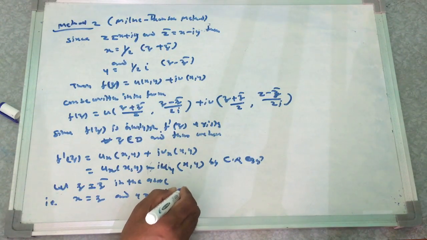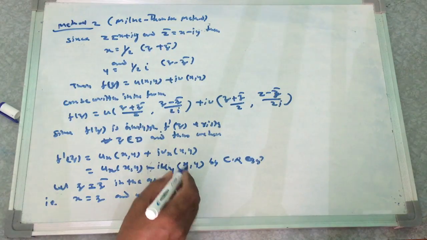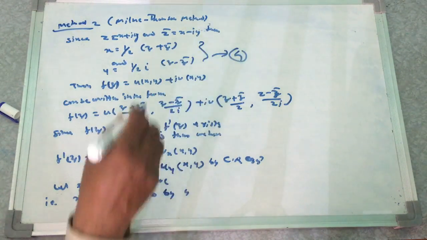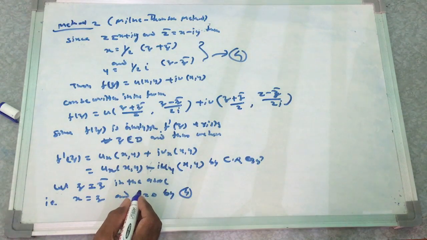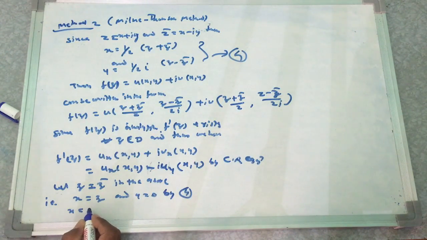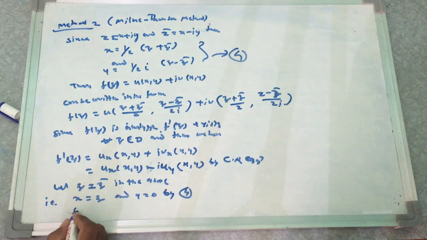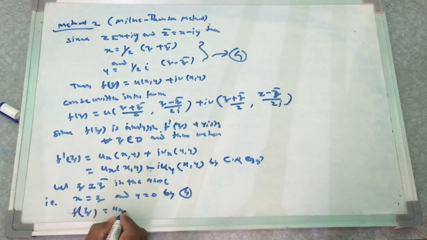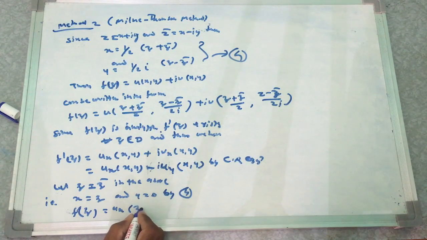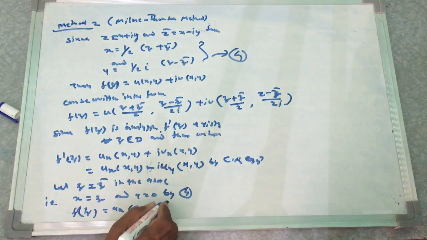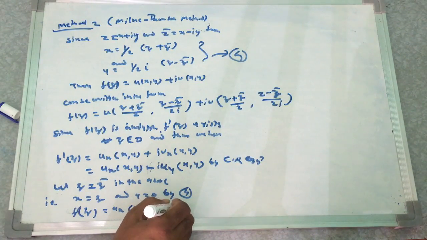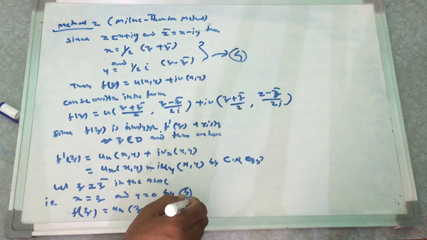Then by equation 4, f dash of z is equal to u suffix x of (z,0) minus i u suffix y of (z,0).